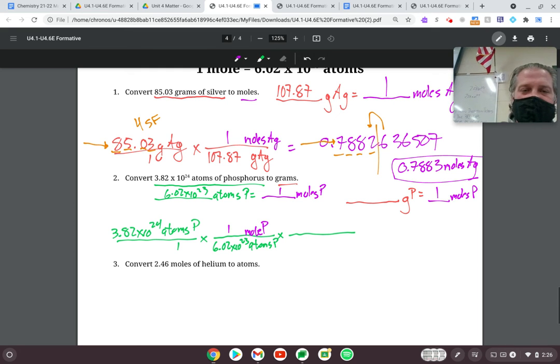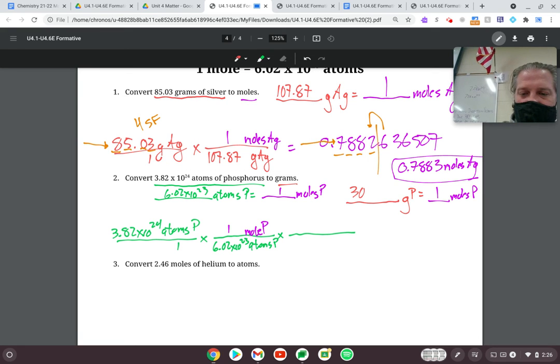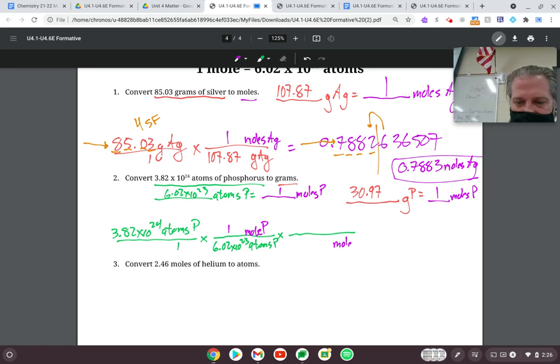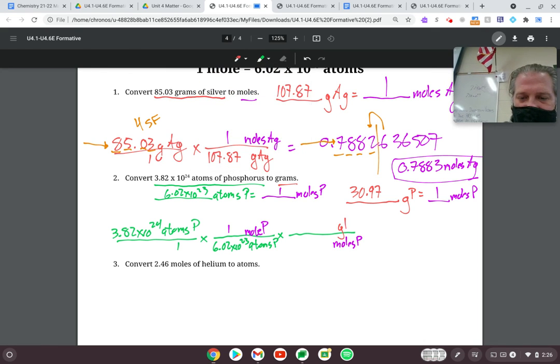So I have 1 mole of phosphorus is equal to phosphorus's mass, 30.97 grams. So I'm going to set up this problem so that moles of phosphorus is on the bottom, so they cancel out. Grams of phosphorus is on the top, and I'm going to take 30.97 grams of phosphorus over 1 mole.